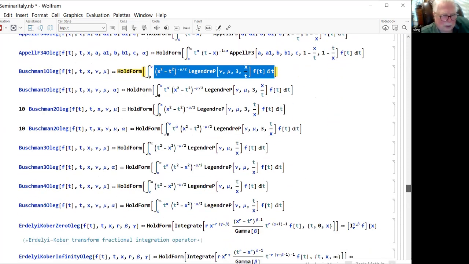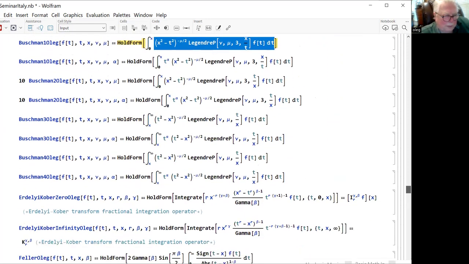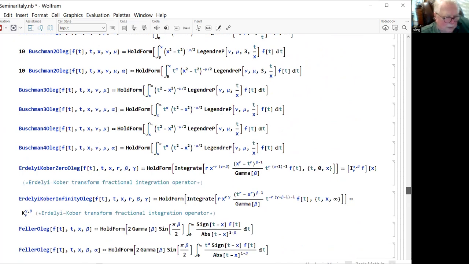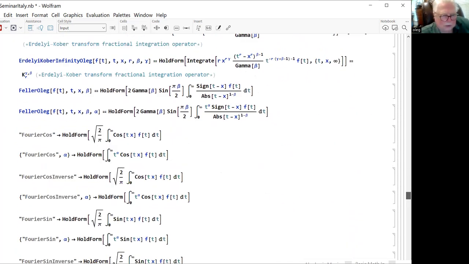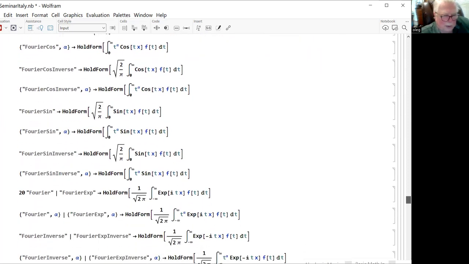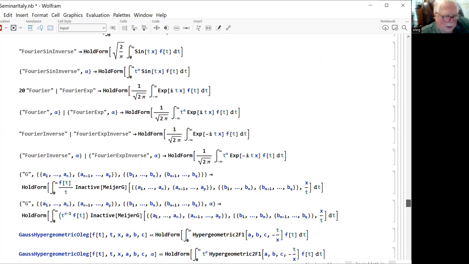And similarly, you can find here the name Love. It's also a case. And I met Love in Minsk. Professor Love came from Australia. And he came without winter clothes.